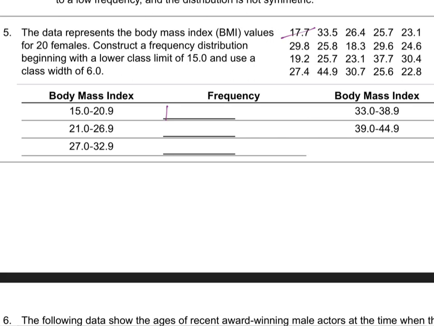So I'm just going to do a tally mark. And then the next one, 29.8. You could go across or down, doesn't matter. Which category is that? It's the third one. 19.2. Right there. 27.4. That one. Etc. We good with that?